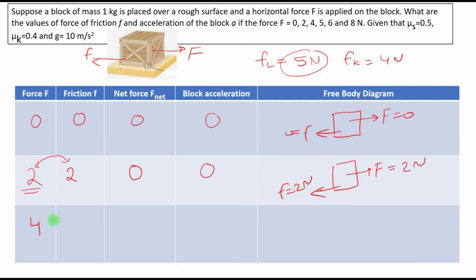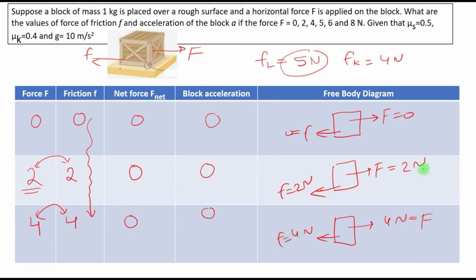Now in the case of 4 newtons as well, the friction is equal to the applied force. As you can see, friction is self-adjusting depending on the applied force. So the same thing happens: acceleration and net force are 0, and the free body diagram will be 4 newtons to the right and 4 newtons to the left, which is the friction.